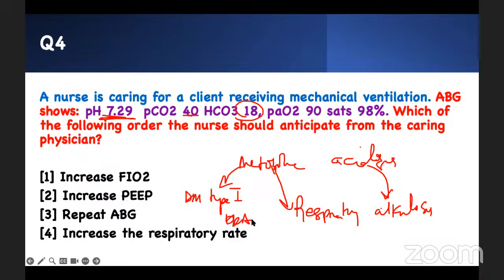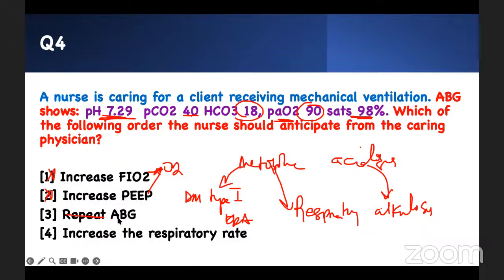Test-taking strategy. I've given you the answer, but if you don't see it, this is the answer. Look at the PaO2. It's normal. Saturation is normal. On a ventilator, FiO2 and PEEP are used for oxygenation. This patient does not need more oxygen. Therefore, test-taking strategy one and two are gone.